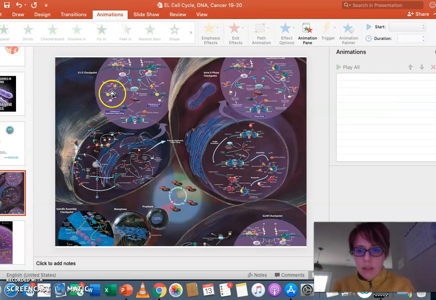If you see all these little jelly beans right here, every time you see a little color, that's a protein that's responsible for moving the cell from, say, G1 into the S phase, into then the G2, and then proteins involved in controlling mitosis. So you can see all these little jelly beans are proteins that are responsible for making sure the cell is okay.